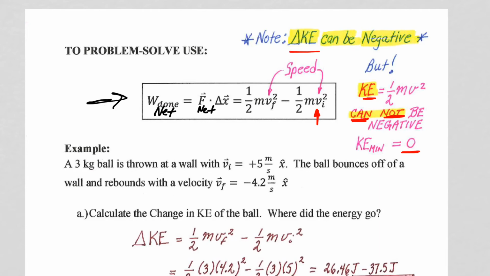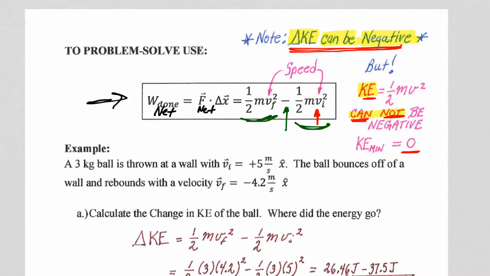Now, the change in kinetic energy can absolutely be negative. If you have a negative change in kinetic energy, what does it mean? It means that your initial 1/2 mv squared was bigger than your final 1/2 mv squared, and you'll get a negative change in kinetic energy anytime that occurs.